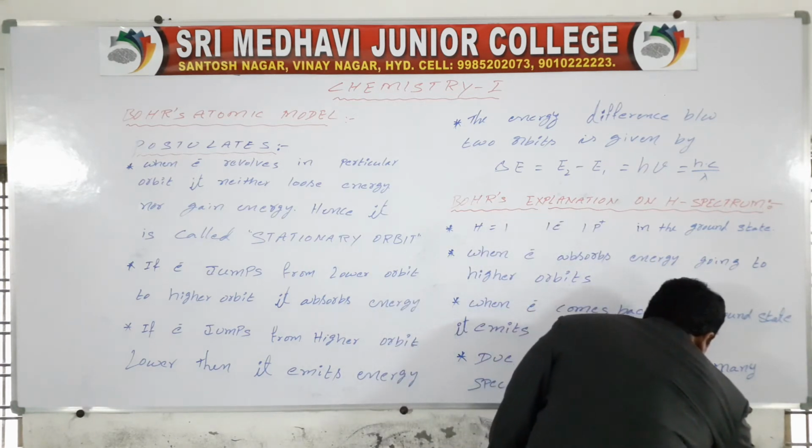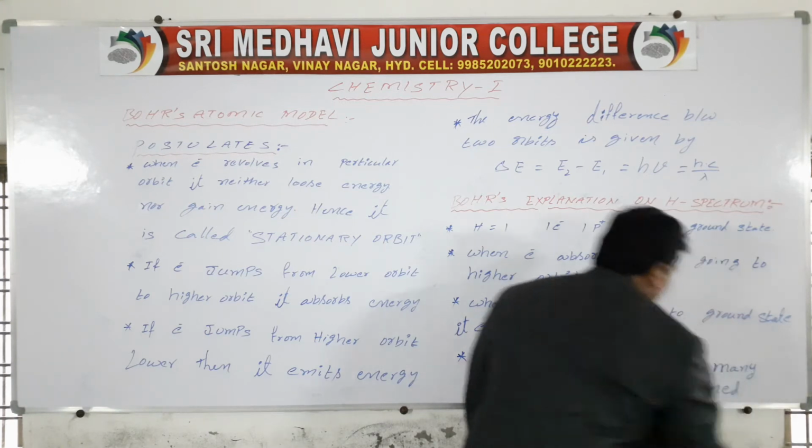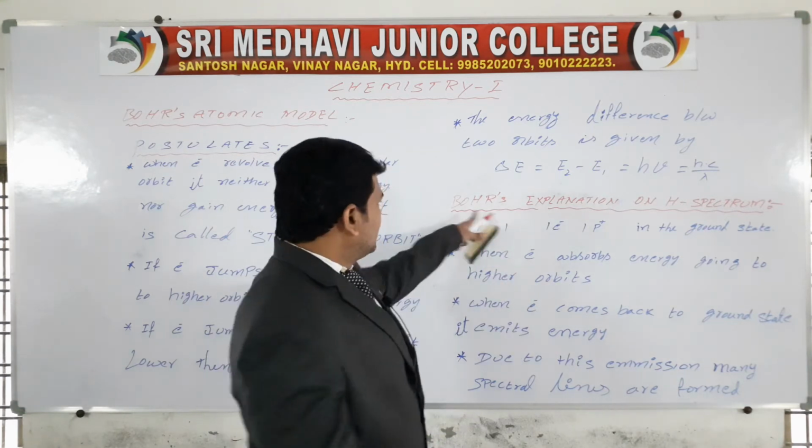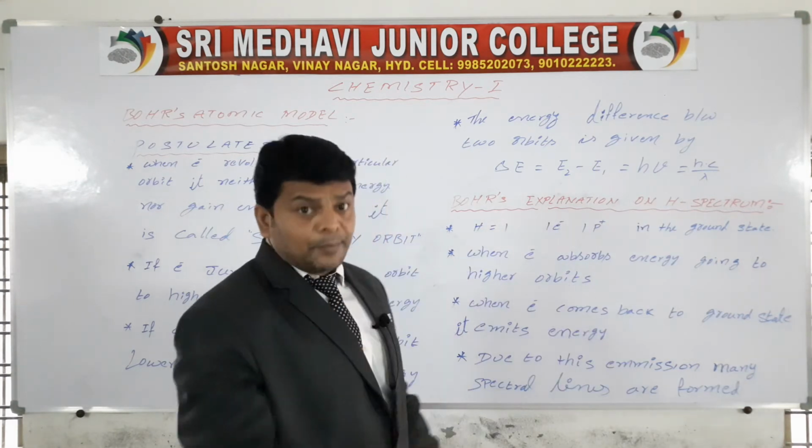Okay, hydrogen atomic number is 1. This is Bohr's explanation on hydrogen spectrum, very important.